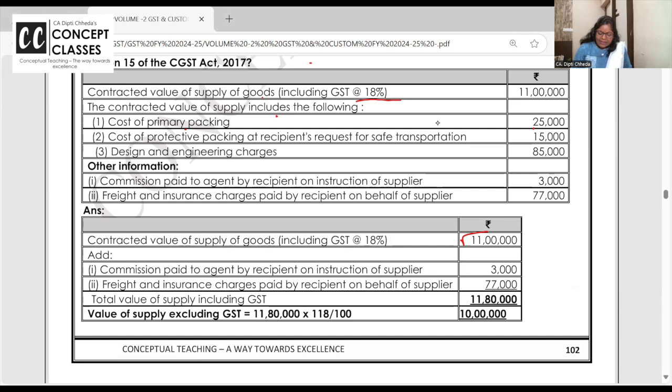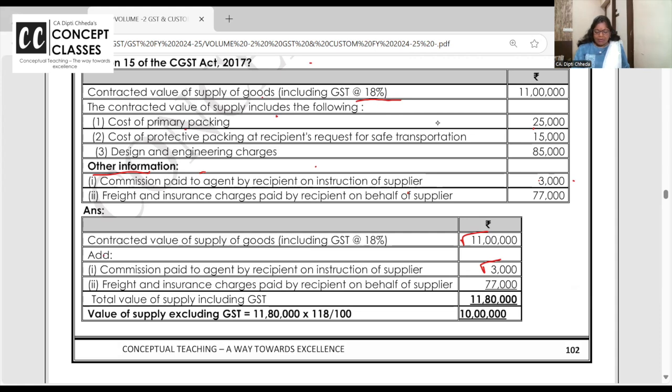Protective packing, designing charges, other incidental expenses, ma'am, you said we have to add, but we have to add if they are not included. If they are already included, no problem. Commission paid to agent by the recipient on the instruction of the supplier. So, on behalf of the supplier, the recipient has paid the commission to the third party and it is given in other information. So, shall we add it?